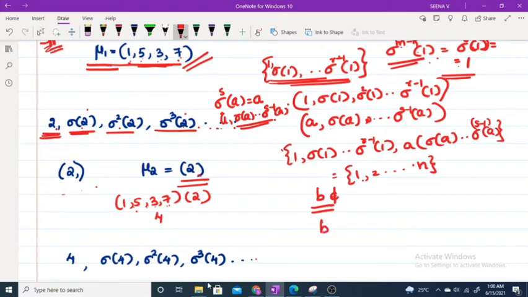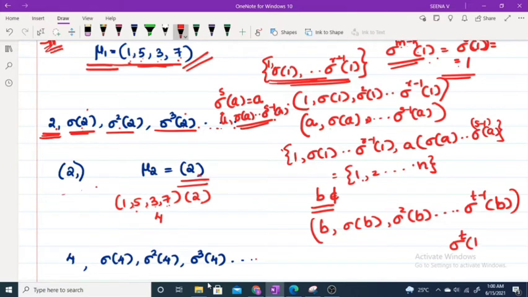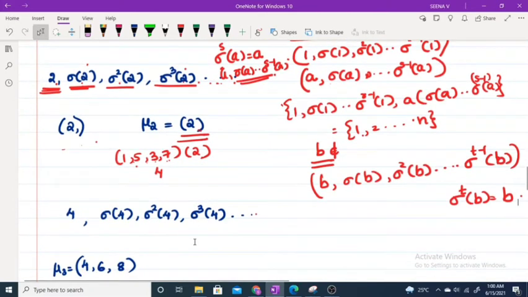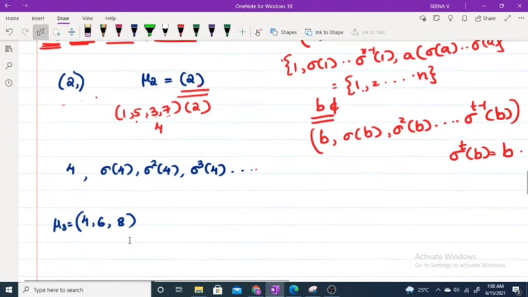So here we are considering B, sigma B, sigma square B, etc., up to sigma raised to t minus 1 of B, because at some point sigma t of B must be equal to B itself. Okay, repeating means what? If you look at the values, these values are like this: 4 6 8 4 6 8.